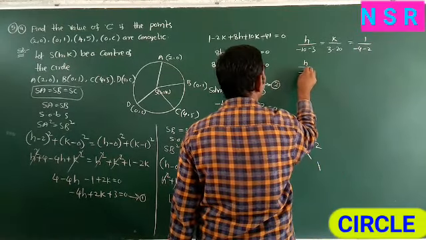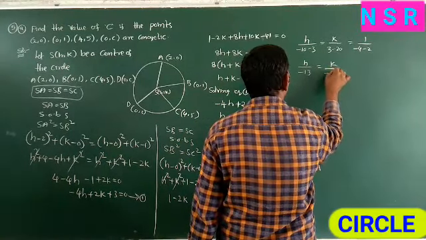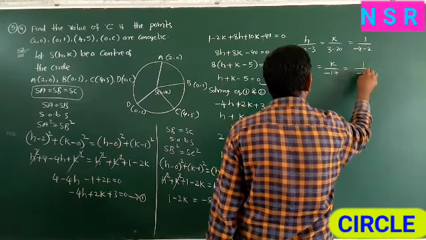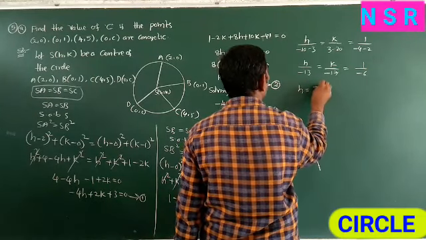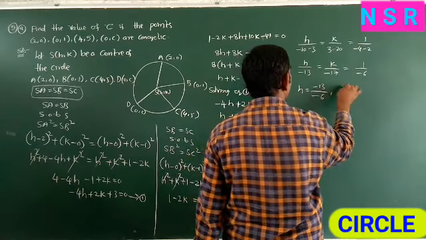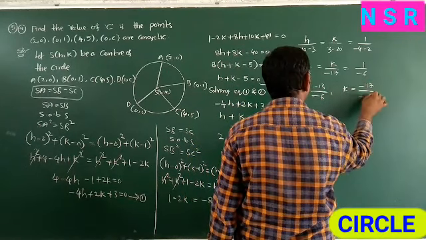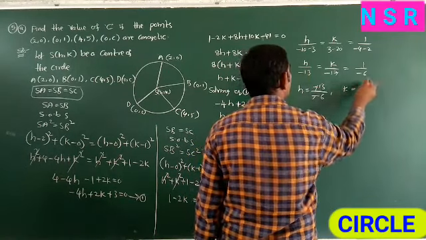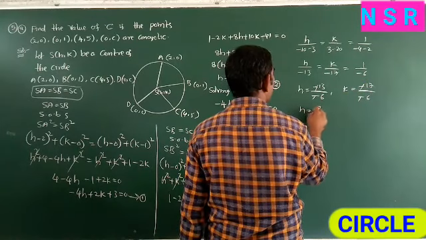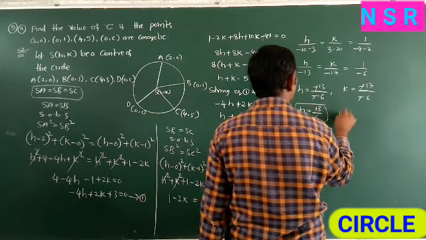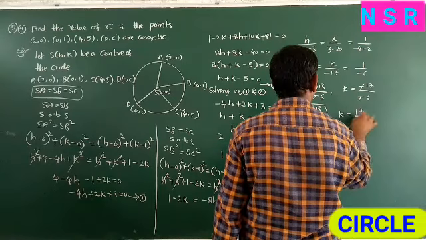So h by minus 13, k by minus 17 and 1 by minus 6. Now h equals minus 13 by minus 6 and k equals minus 17 by minus 6. So minus minus get cancelled: h equals 13 by 6 and k equals 17 by 6.